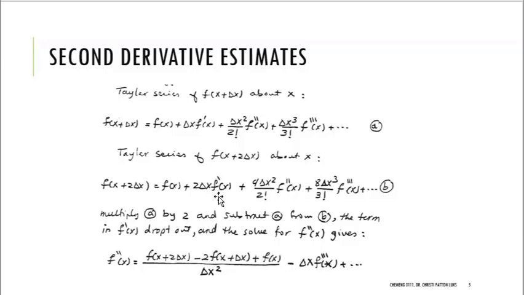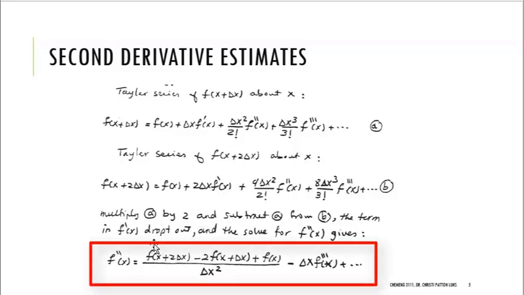The derivative is the problematic part. So I'm going to subtract these in a way that those terms are eliminated. We're going to multiply a by 2 and subtract b. And then when I solve for f double prime of x, I end up with this expression.